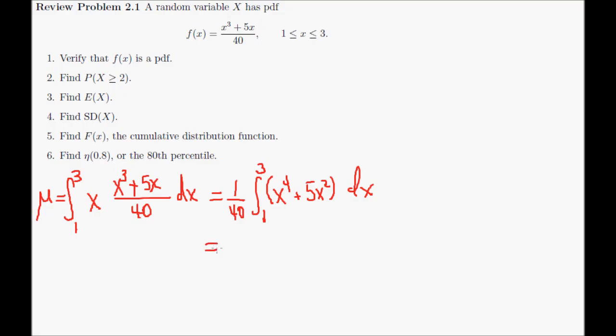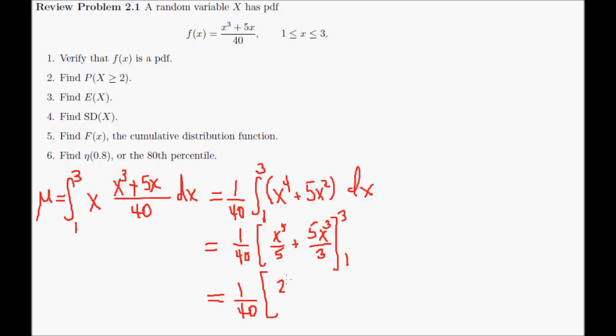Doing the integral, we get 1 over 40 times x to the fifth over 5 plus 5x cubed over 3 from 3 to 1. And so we plug in, we get 1 over 40. First we have 3 to the 5, which is 243, divided by 5.